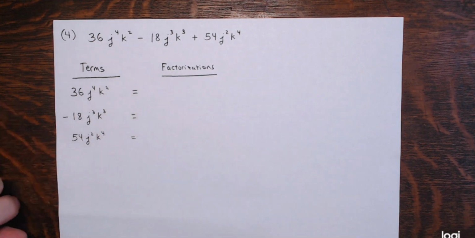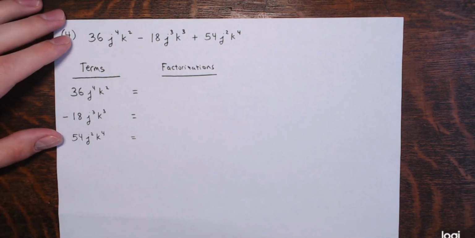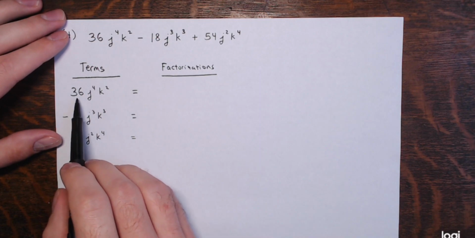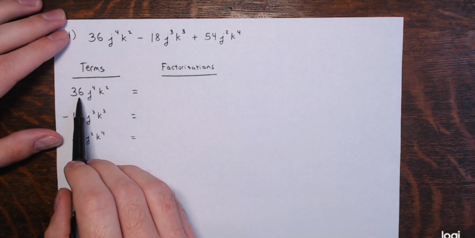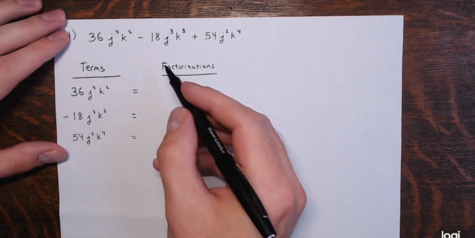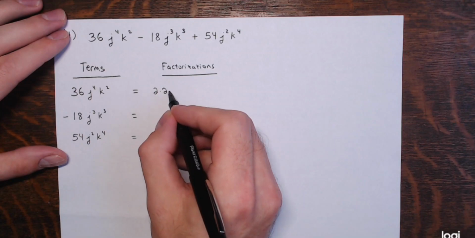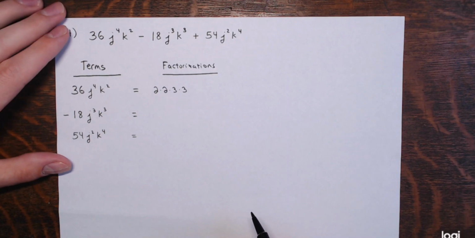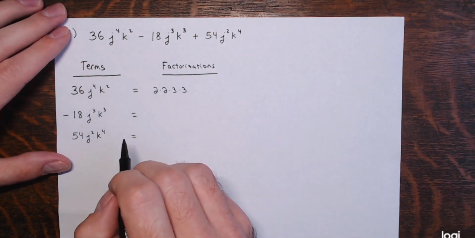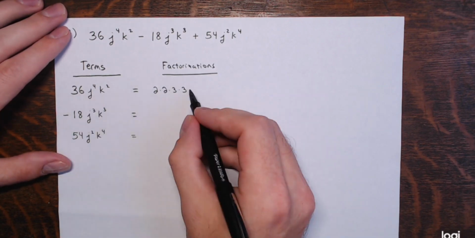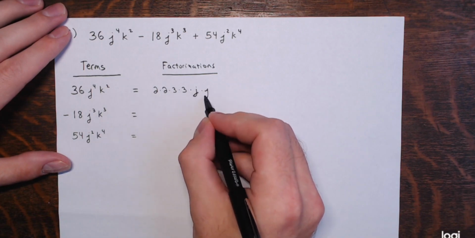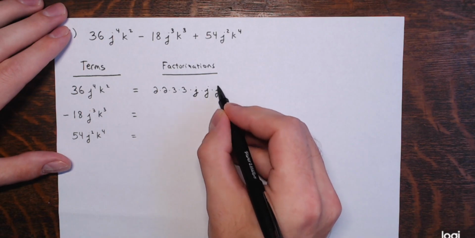List out all the prime factors of each of these terms. Now 36 is 2 times 18, which is 2 times 9. 3 times 3 is 9. So this is 2 times 2 times 3 times 3. Right? That's 36, broken down to a product of primes. J to the fourth would be j times j times j times j, right?